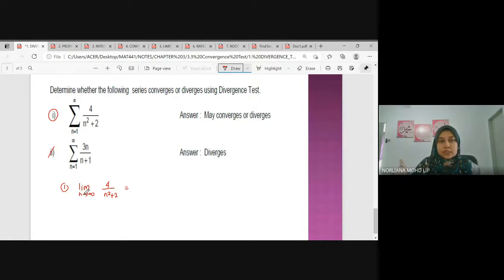So we substitute n approach infinity, 4/infinity. It is 0. So the conclusion, this series 4/n square plus 2 where n equal to 1 until infinity, okay, may converge or diverge.